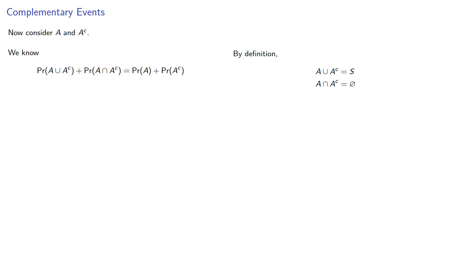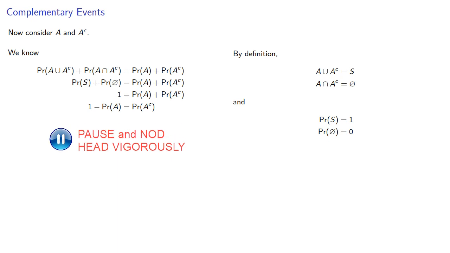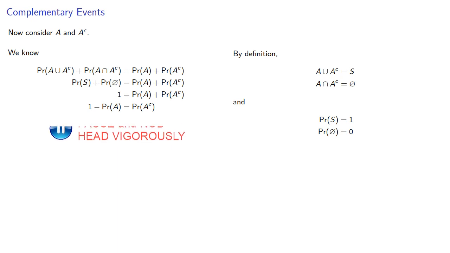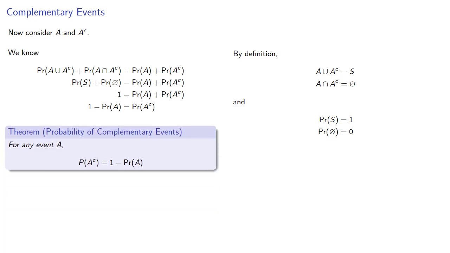And so we have the probability of S plus the probability of the empty set is the sum of the two probabilities, but the probability of the sample space is 1, and the probability of the empty set is nothing, and so we can find that for any event A, the probability of its complement is 1 minus the probability of the event itself.